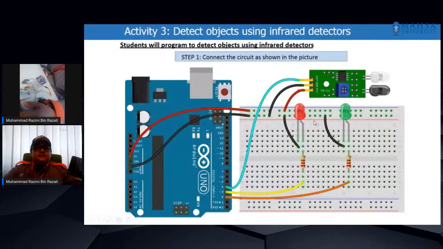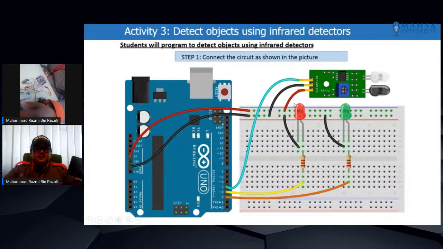Then activity number 3 is we want to detect objects using an infrared sensor or infrared detector. In the infrared detector, we have 3 pins, which are the output pin, ground pin, and VCC pin.